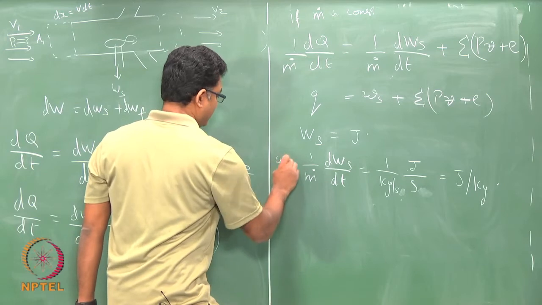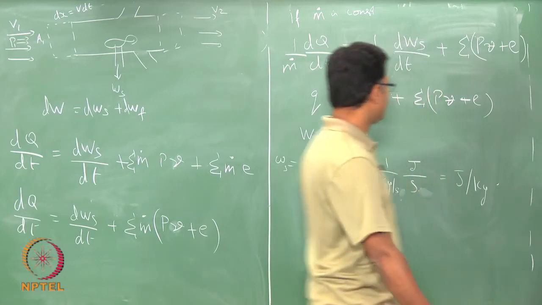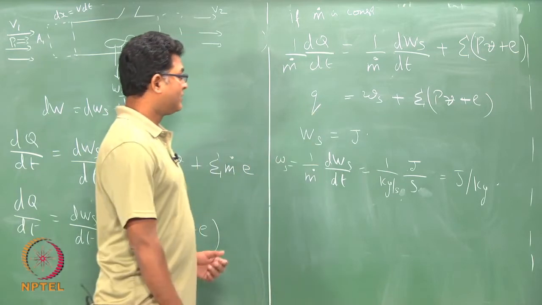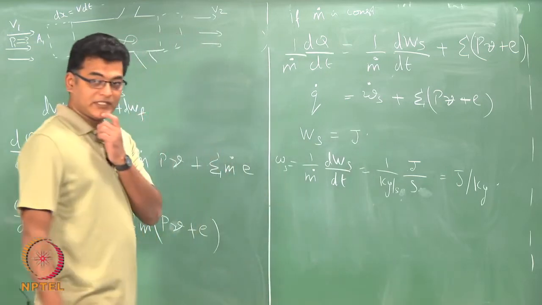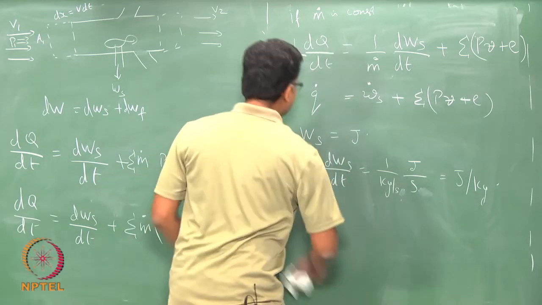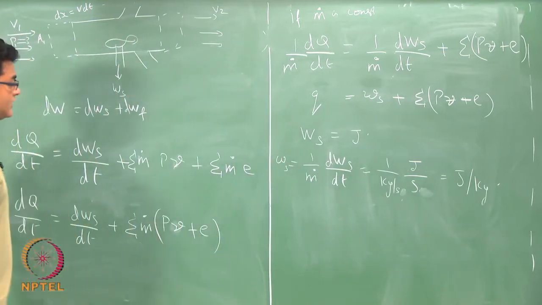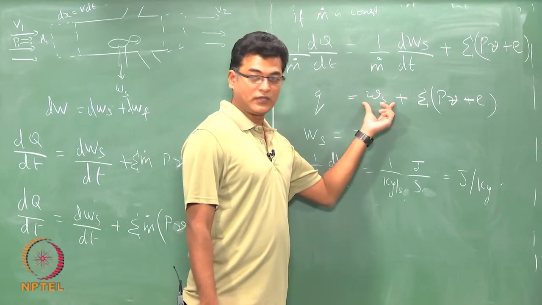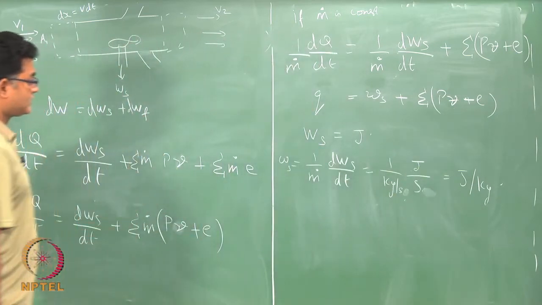So, that is the unit of your Ws. The unit of each of these terms is joule per kg, and there is no seconds here. In some of the textbooks you would see this along with this equation, but the unit is still this. So, to avoid confusion we will use it without the dot here. So, it is the specific heat supplied, specific work done, and the other term. We will discuss what the other term is. Okay.